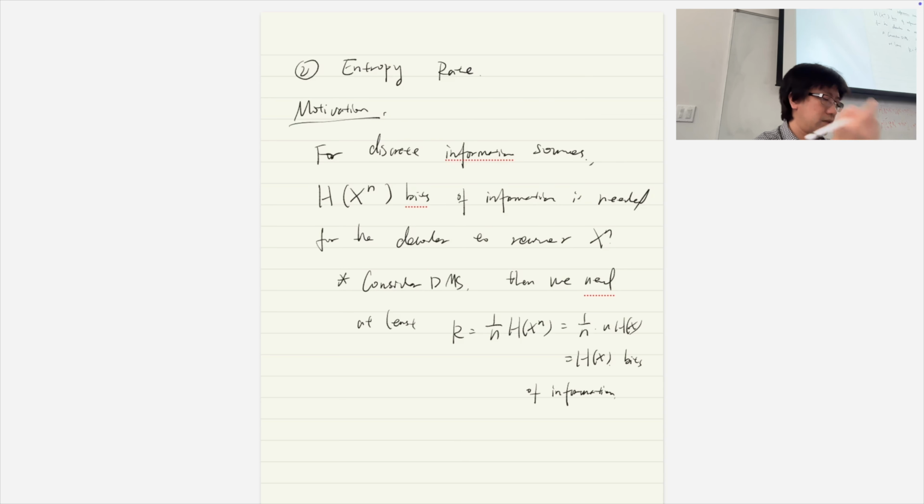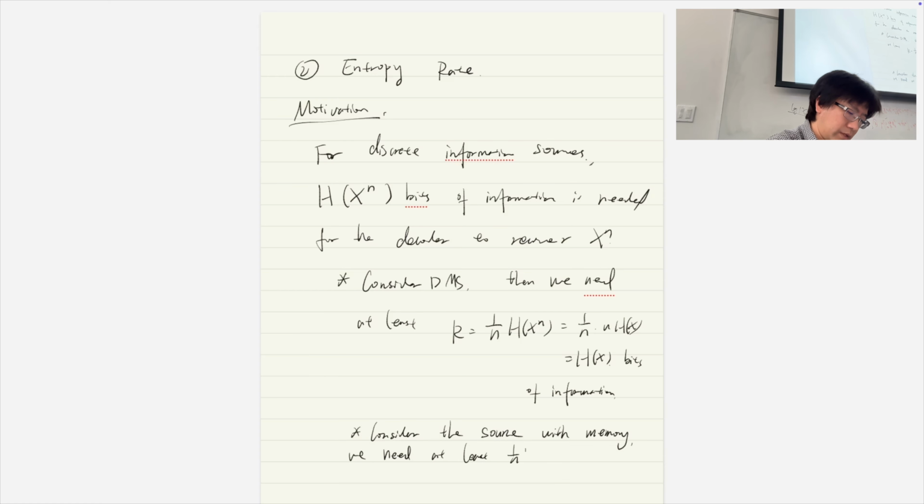Now let's consider the source with memory. If we normalize by n again, we need this number of bits of information per symbol to recover X^n.